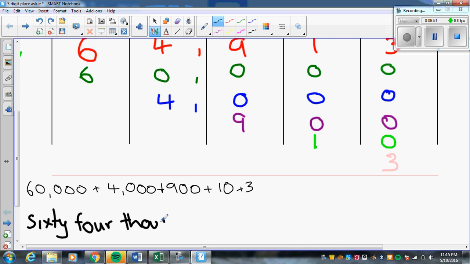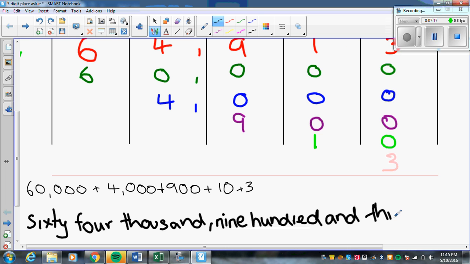Okay, remember when we say numbers up in the thousands column, we group them together. So 64,000, comma, 900. Okay, 900. And then we're grouping these two together, 13.